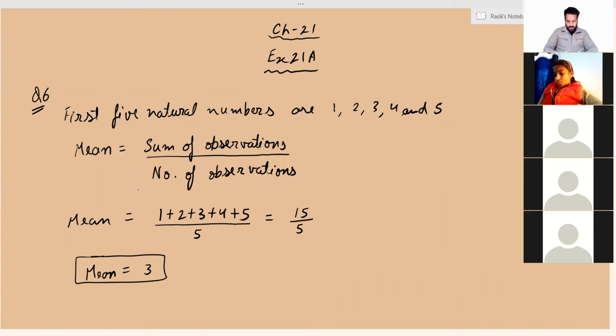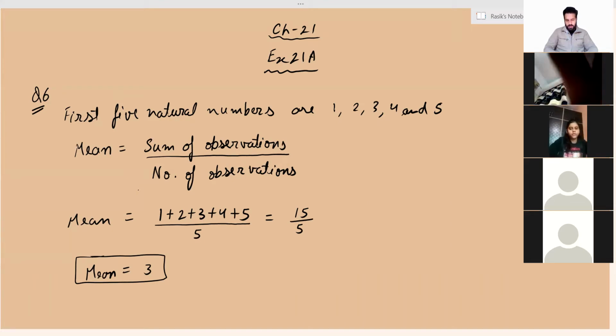When you add 1, 3, 5, 7, 9, and 11, the sum will be 36. And 36 divided by 6 is 6. Answer will be 6. The sum of all the observations will be 36, and 36 divided by 6 will be 6. Soumya has done it.